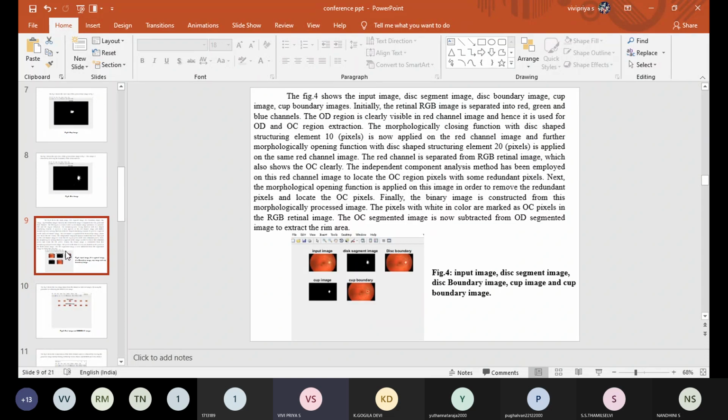This image was the segmented disc image and the boundary and the cup boundary image. In this, the OD region is clearly visible and it is used for further OD and OC extraction. The morphological functions with this optic disc are now applied to the algorithm.